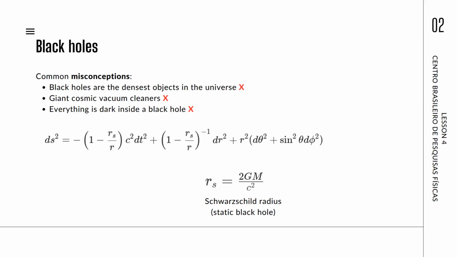And you see some redshift as well. So these are just some general misconceptions that people have about black holes. I am not deriving the Schwarzschild metric here, but probably you see it in the course of general relativity. But have this in mind, the Schwarzschild radius.